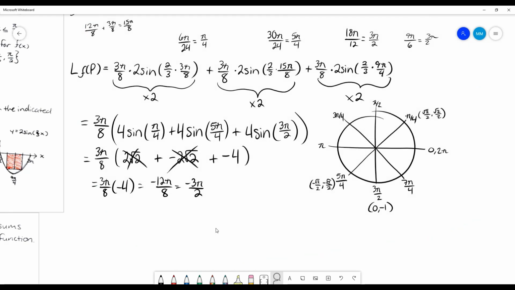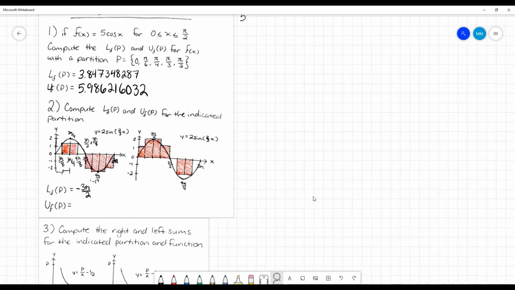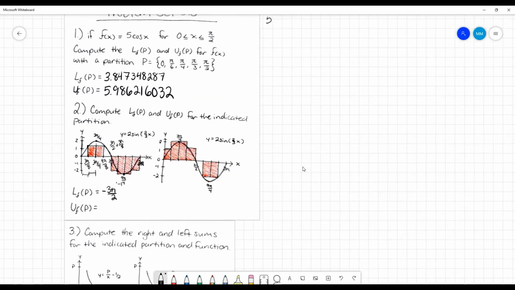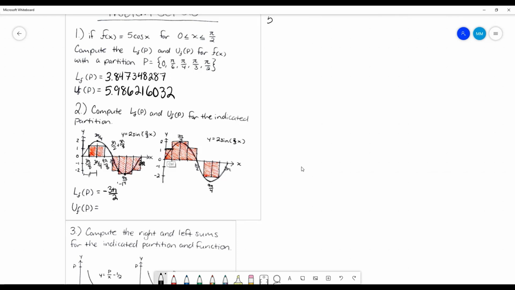Okay. And the upper sum is just the same thing, except we're going off the higher bits. So we've got this here, which we said was a distance of 3 pi over 8. Okay, and then that's going to be at the height of that.